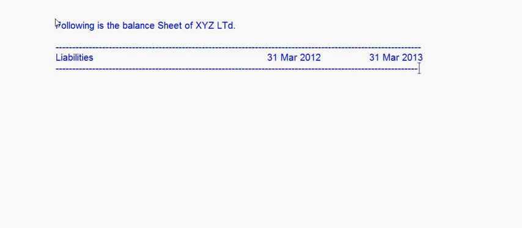Liabilities, and the year is given here, 31st March 2012 and 31st March 2013, right? Now here, the first thing has been given, statement of profit and loss. Here it is 6 lakhs and here it is 9 lakhs, right?